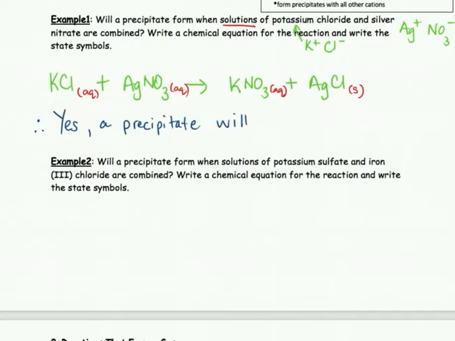If you're in the lab and making quick observations, chemists like to abbreviate precipitate as PPT. If you want to quickly jot down your observation, you don't have to write precipitate, you can just write PPT.